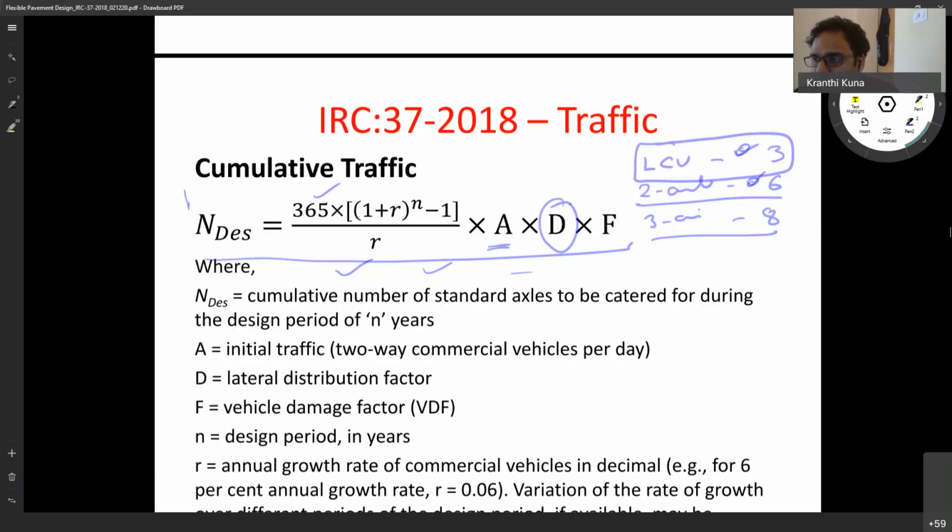Obviously you will not have axle load data, but you have to find a similar section and perform the axle load survey.